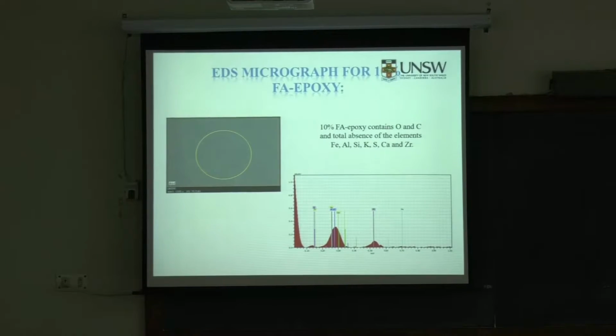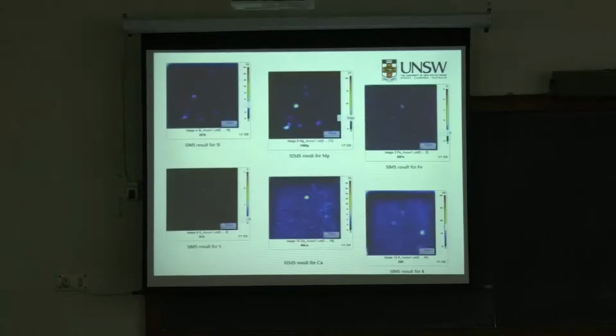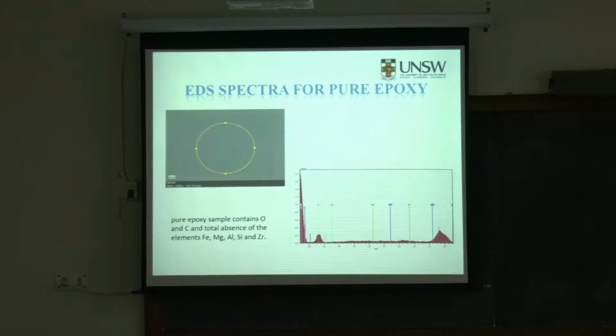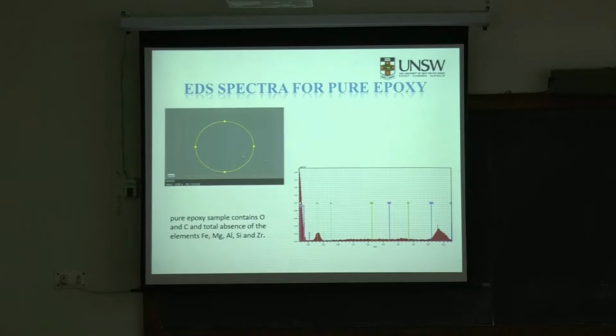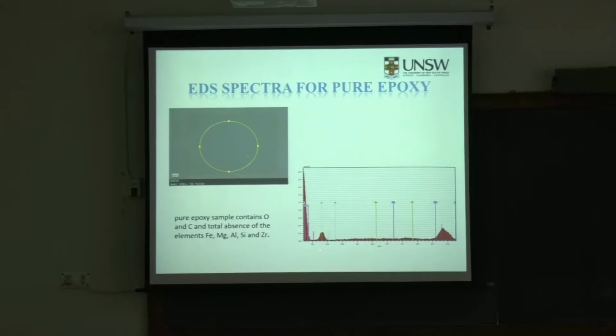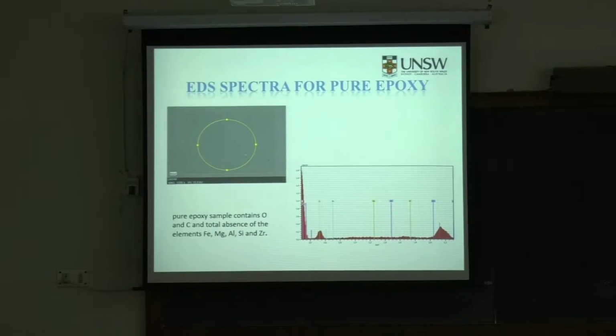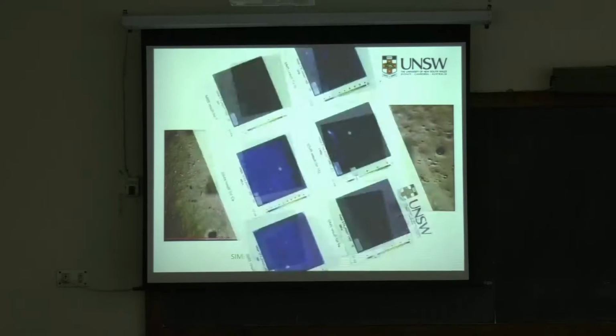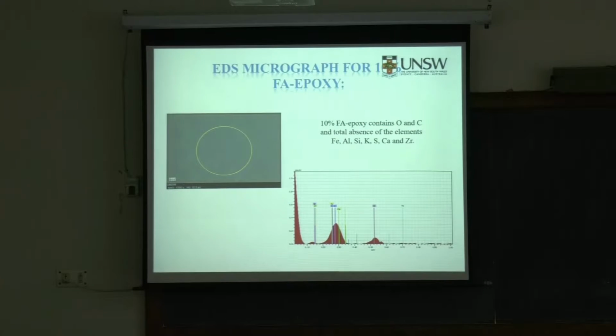So if you go back just for a moment to epoxy, there is a huge gap between this and here because there was no fly ash. But once you put fly ash, then some of the gaps are filled up. So you can see calcium, potassium, carbon. So this is what it shows.